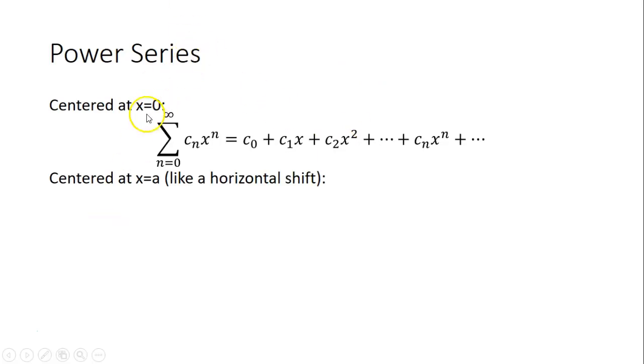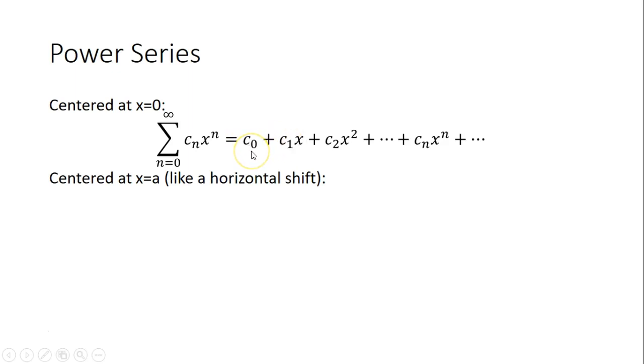Notice from now on, unless we're dealing with geometrics, we're going to pretty much start at 0. If you want to start at 1, that's fine. You would have n minus 1 in both the subscript and the superscript here. But what we've got here is something with coefficients. This Cn is just some sequence in front of x's that are increasing in power. So I don't really care what it is. It could be geometric. In fact, in the geometric series we were looking at, these were all the same, right?